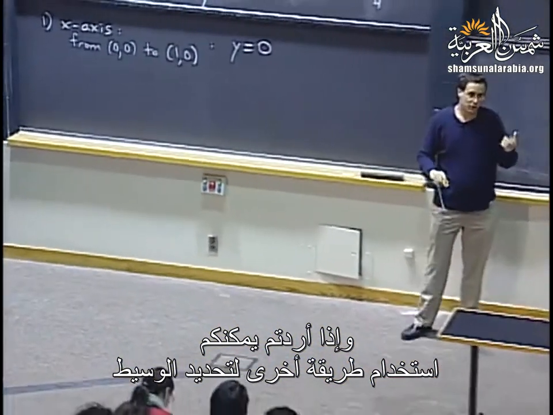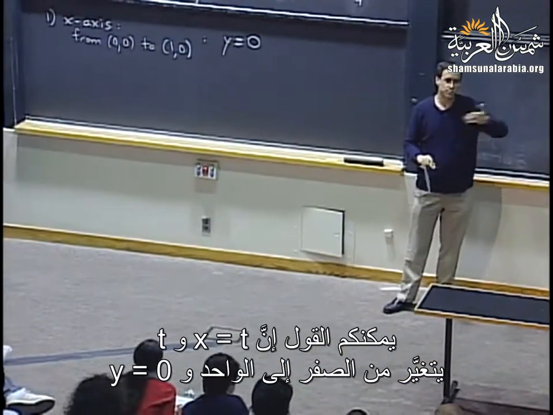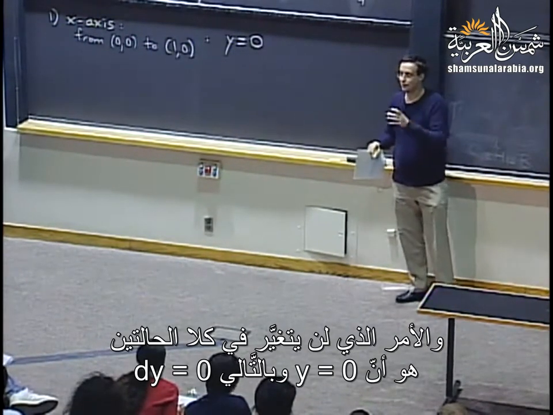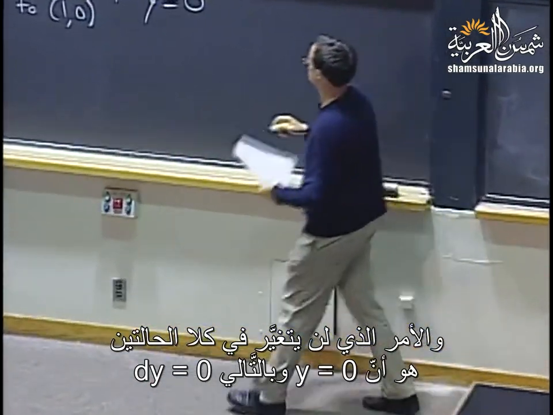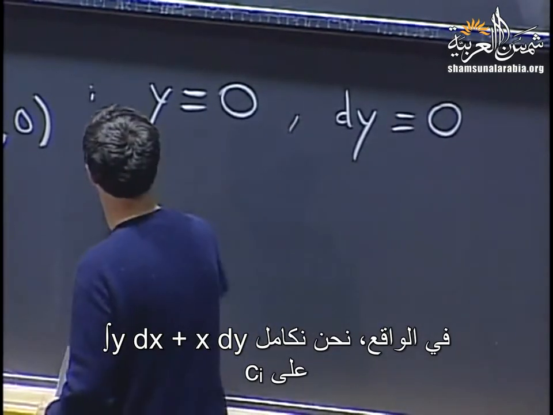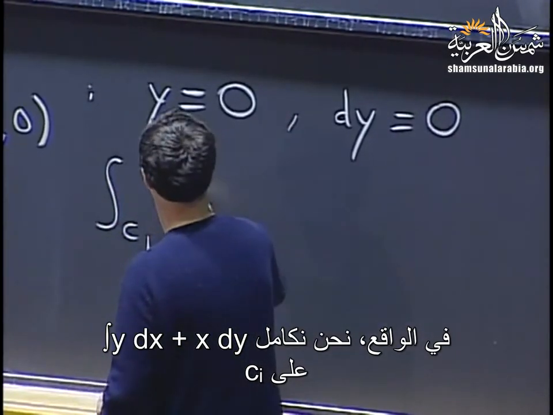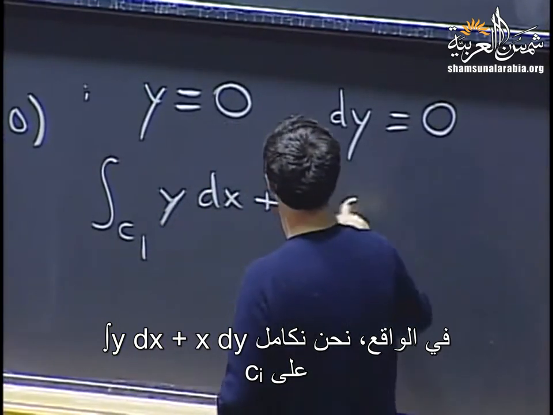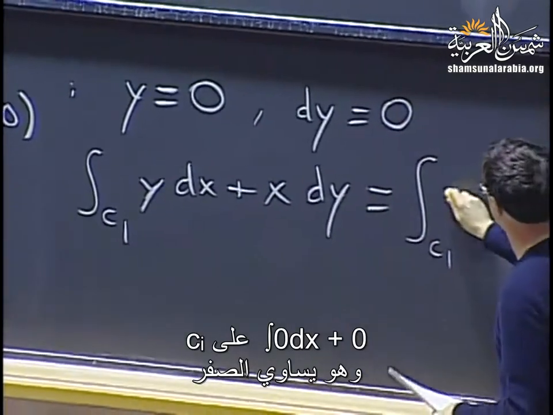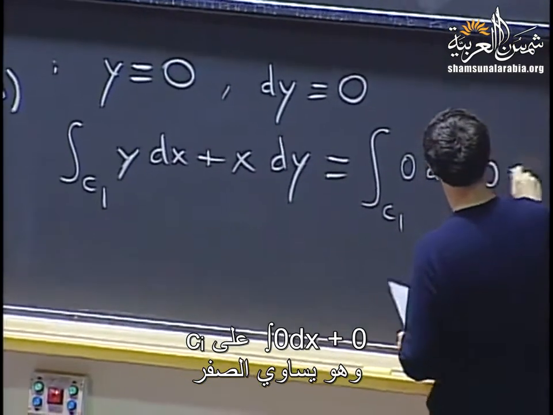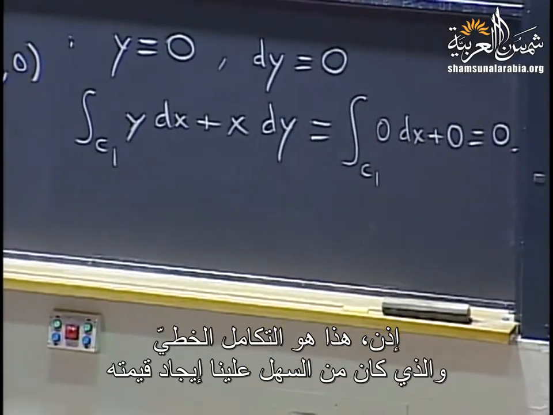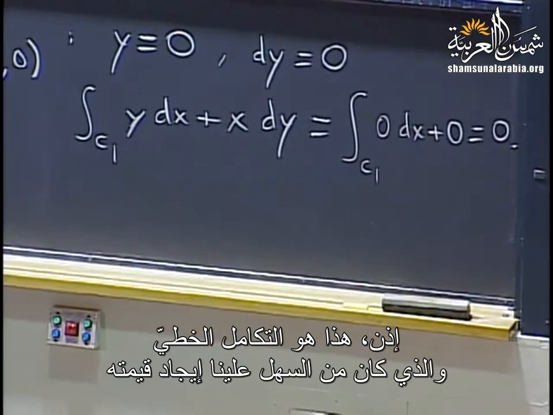Or if you prefer, you can parameterize things: x equals t for t from 0 to 1, and y equals 0. What doesn't change is y is 0, and therefore dy is also 0. So in fact, we're integrating y dx plus x dy, but that becomes 0 dx plus 0, and that's just going to give you 0. Okay, so the line integral here is very easy to compute.